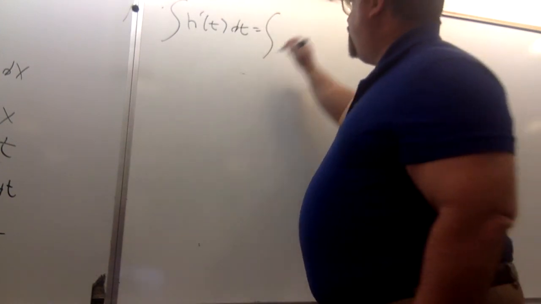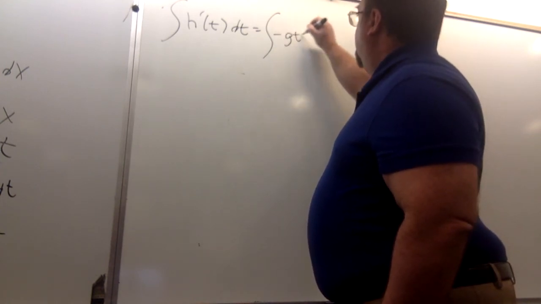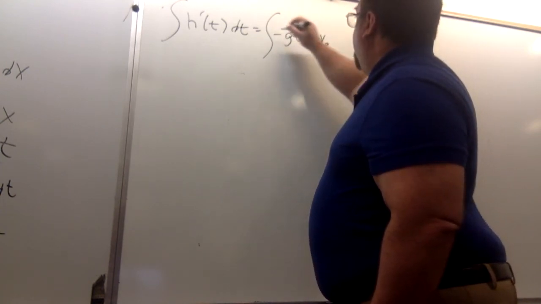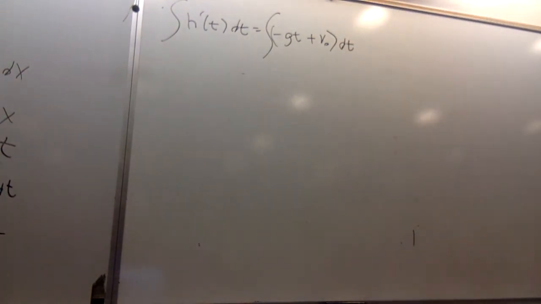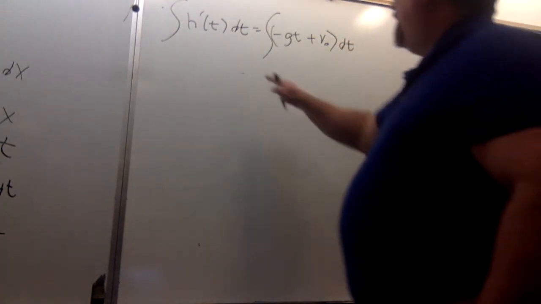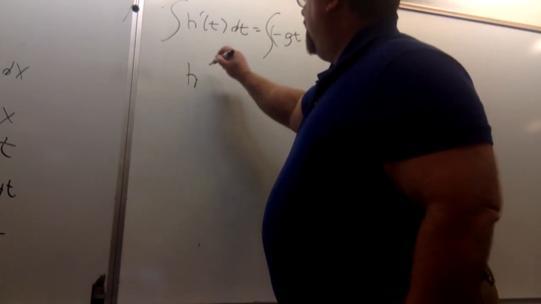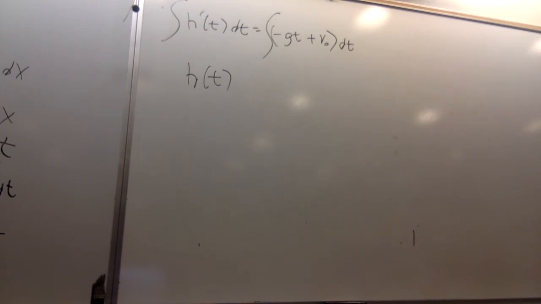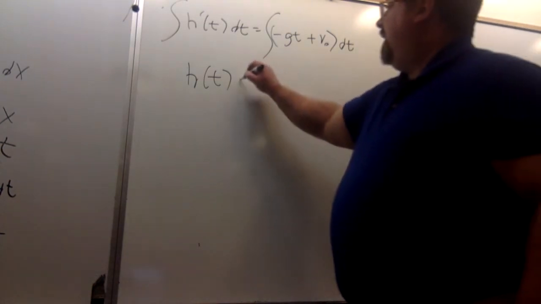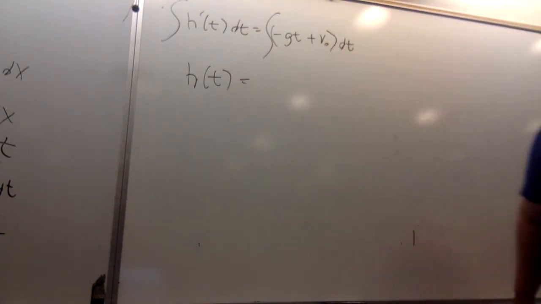So we have minus gt plus v naught. Okay. So now we can integrate both sides again. So I have derivative and integral canceling out on the left side, so we now have h of t. And what happens when we integrate that with respect to t?